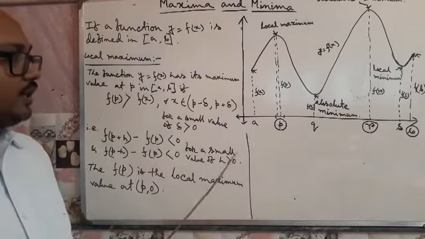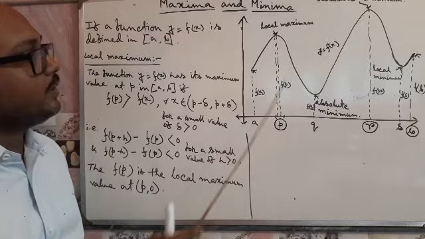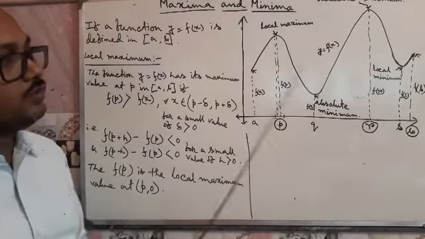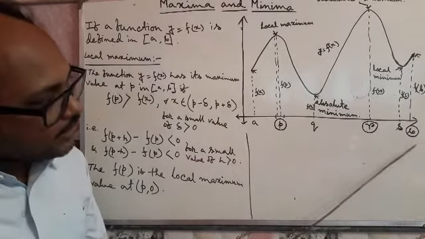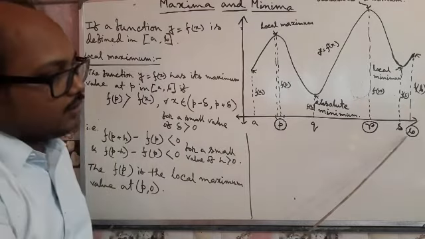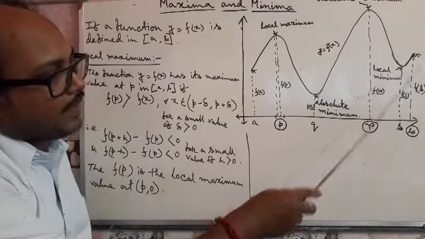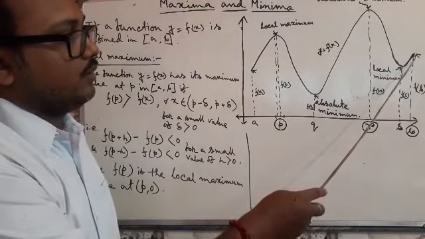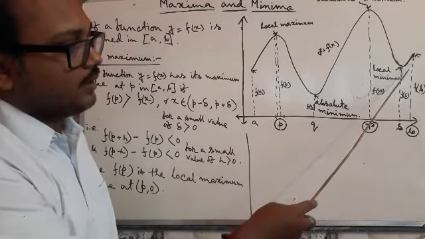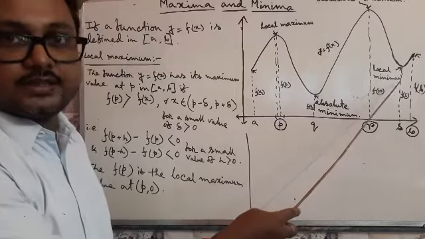Okay, now you see, at the point p maximum value is attained, at the point r again maximum value. If you take the neighborhood of b, at the point b there is no right hand side, but the left hand side exists.